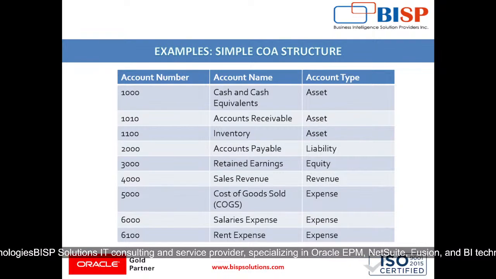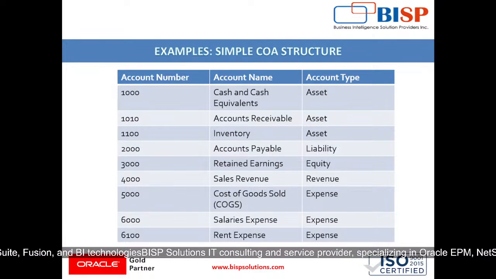If there is any transaction related to cash and equivalent apart from this transaction, we can mention it under 1000 to 1010. We don't have to make any changes in that.